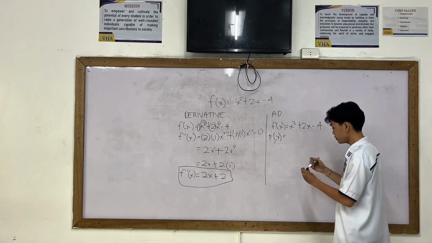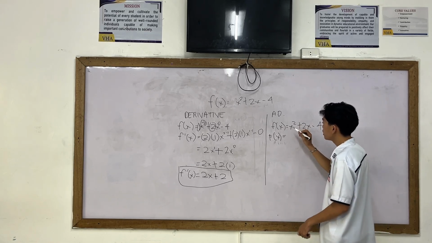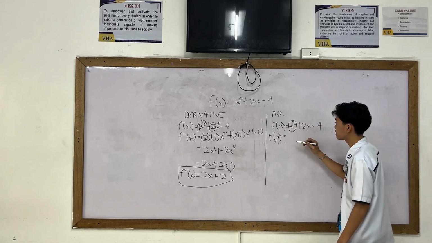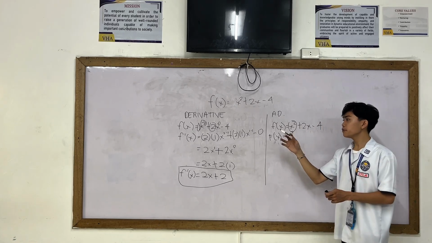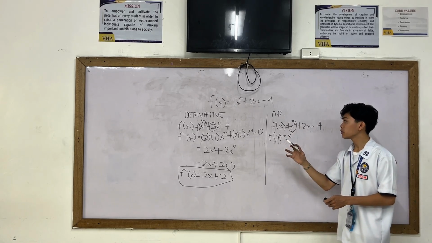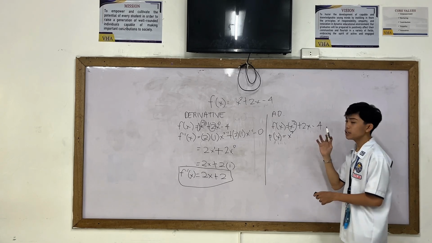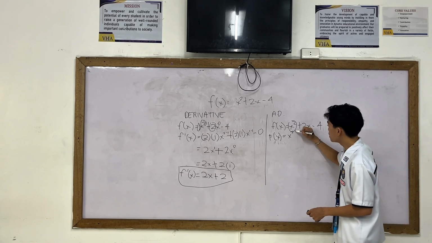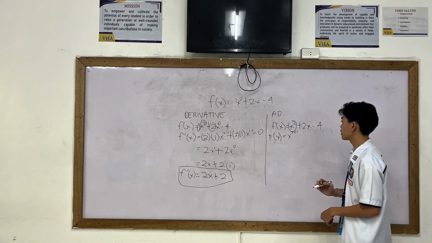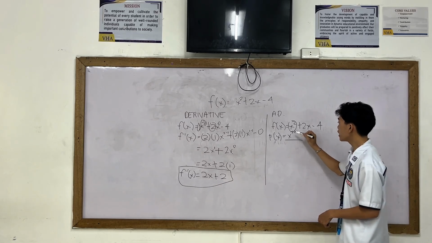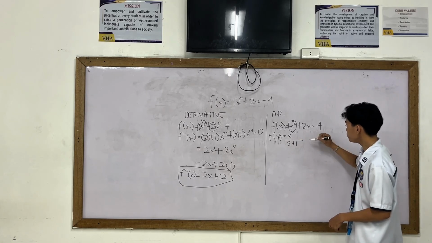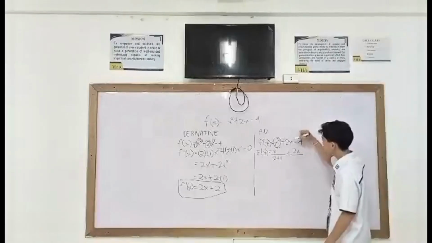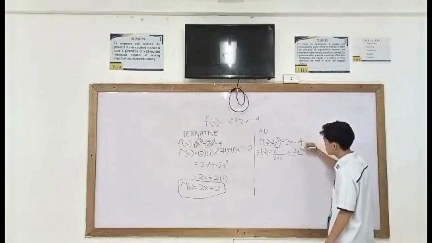So we just have to copy the first term, x squared. In the derivative, we subtract 1 from the exponent. Here in the antiderivative, we add 1 to the exponent. So we copy the exponent, 2 plus 1. Plus, we have an imaginary exponent here, which is the 1.